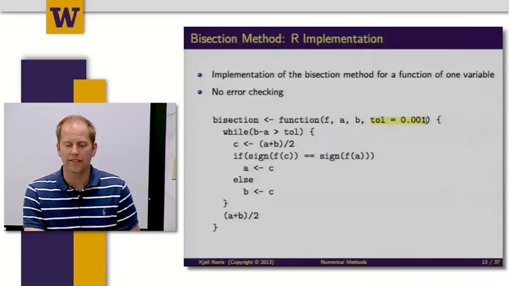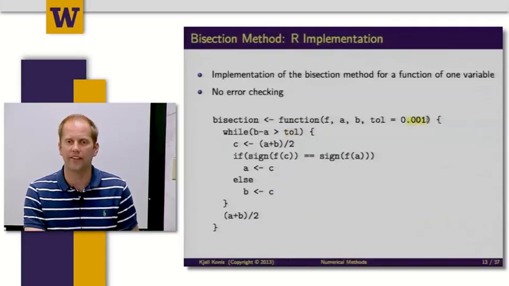This means if you call this function with 3 arguments, they're going to be interpreted as f, a, and b. Anytime it needs a tolerance inside the function, it'll just use this default value. If I just put tol with no default, then every time you called the function, you'd have to put a 4th argument.